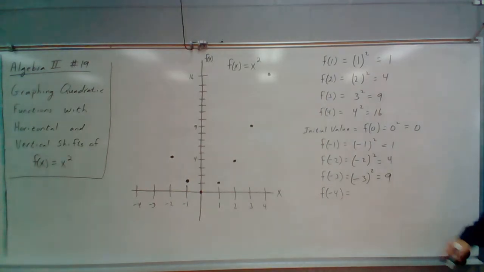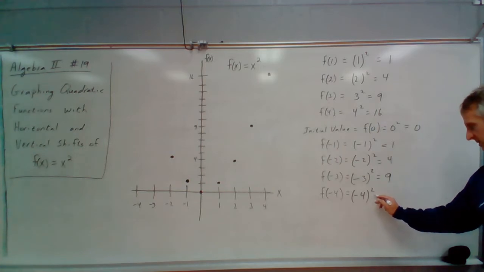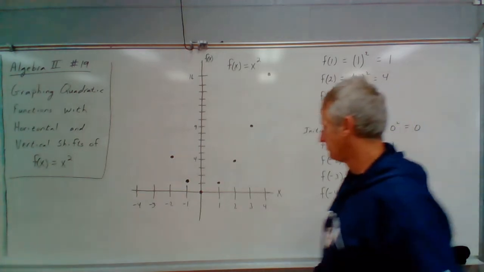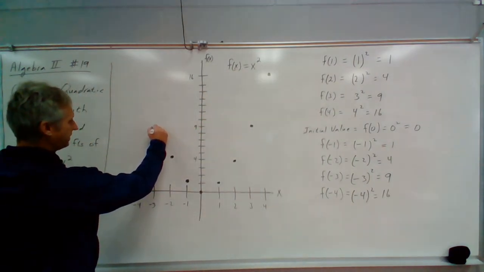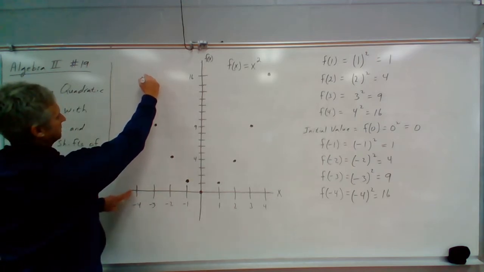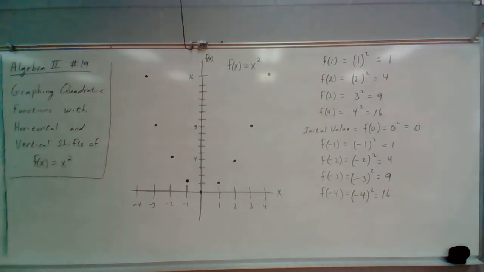And let's go ahead and do negative 4. That means negative 4 squared, which would be 16. So let's plot those points. Negative 3 squared is 9. Negative 4 squared is 16.